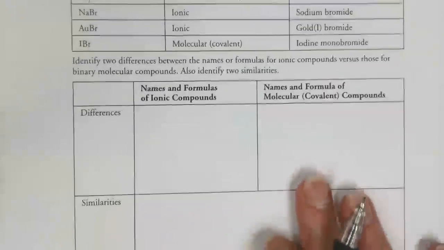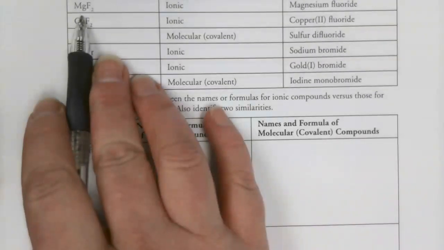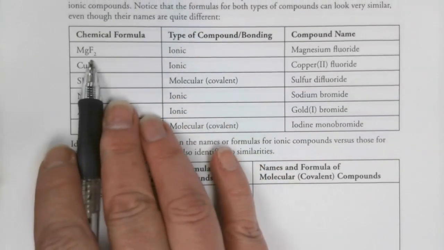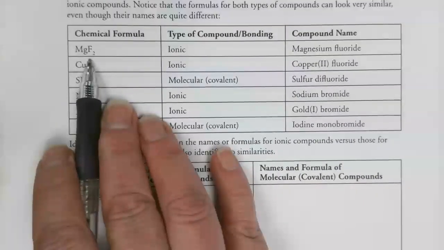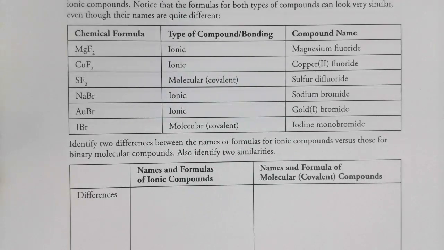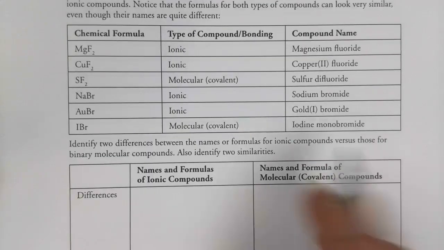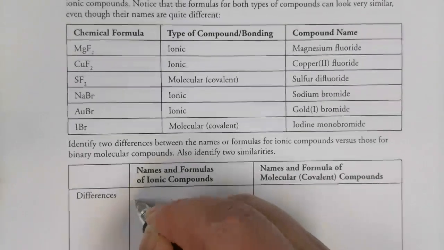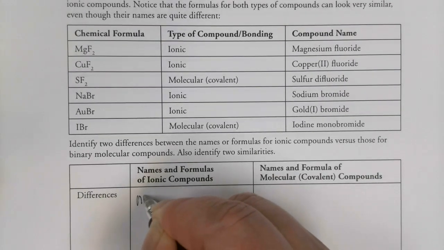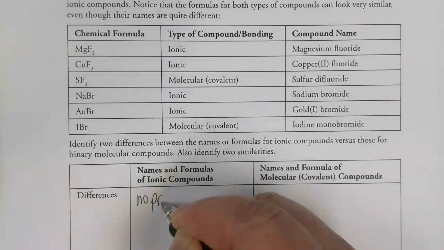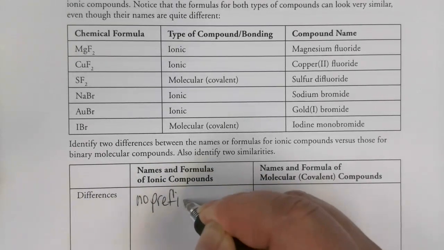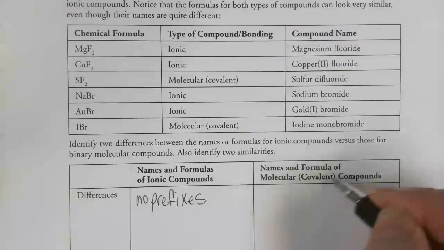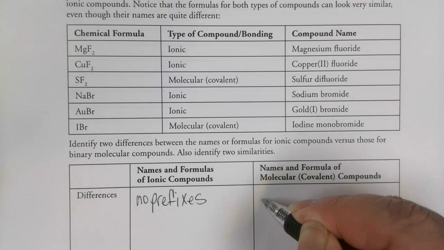So what are the differences? Up here in the chart, we have some ionic compounds, magnesium fluoride being one of them. First of all, what's different, okay? Names and formulas of ionic compounds don't have prefixes. Not on the binary ionic compounds. Okay? And so over here, we do have prefixes.